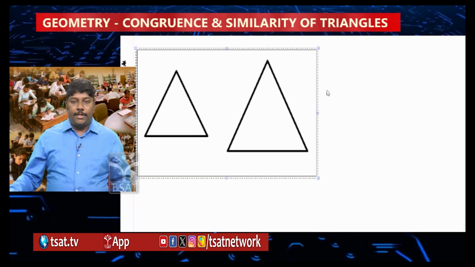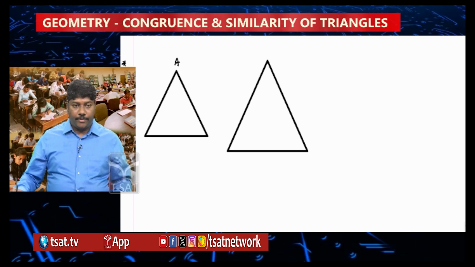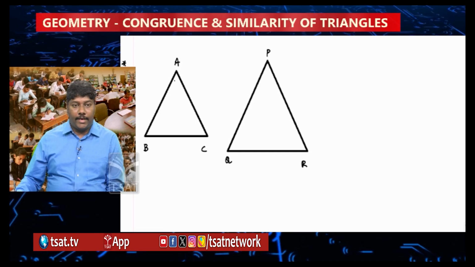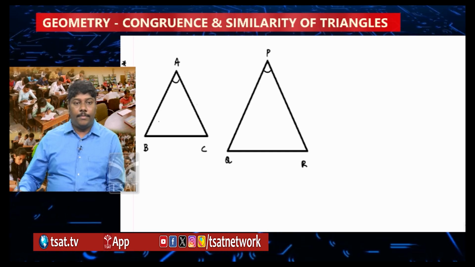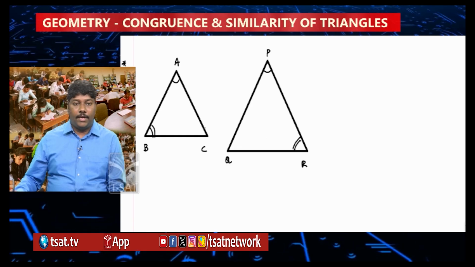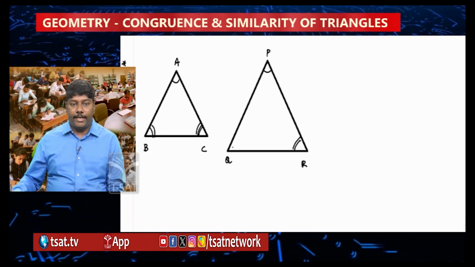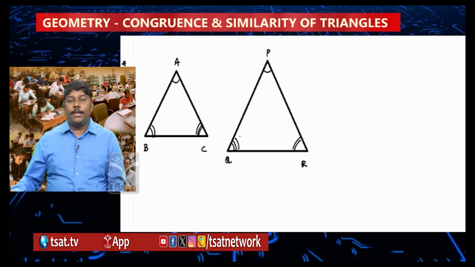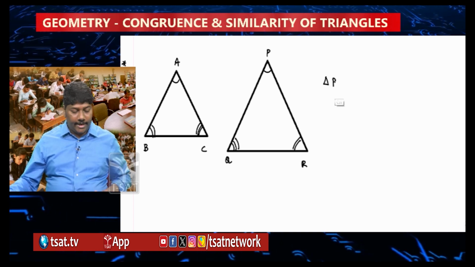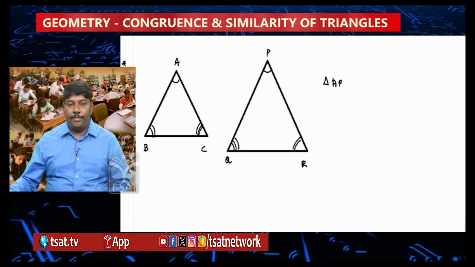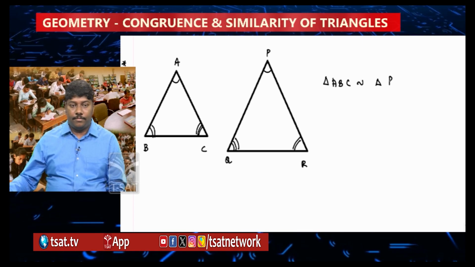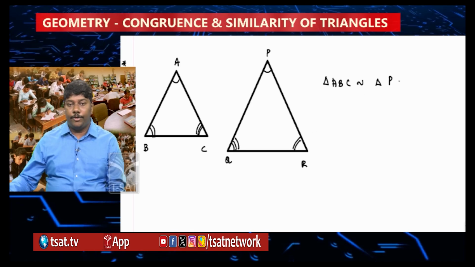I have taken two triangles ABC and PQR. Suppose angle A is equal to angle P, but angle B is equal to angle R, and angle C is equal to angle Q. Here triangle ABC is not similar to PQR. In fact, triangle ABC is similar to what? A corresponds to P, B is the same as R, therefore PRQ.